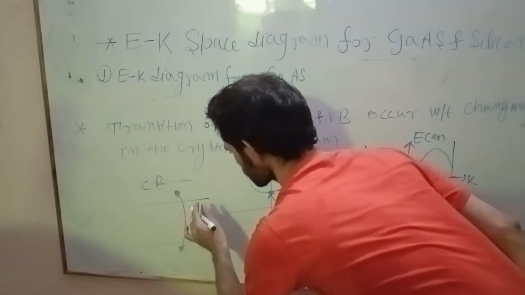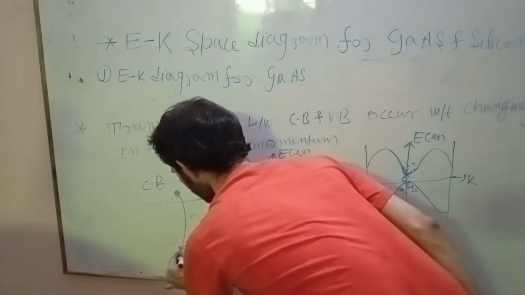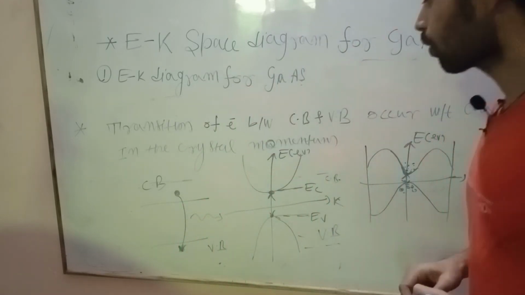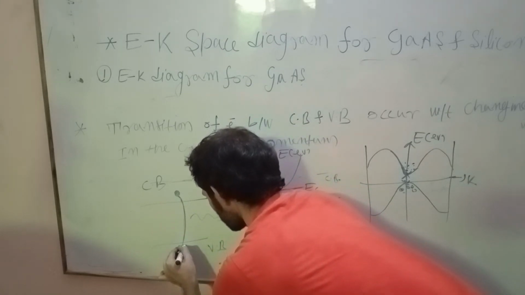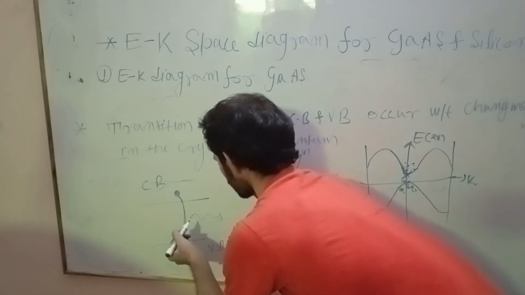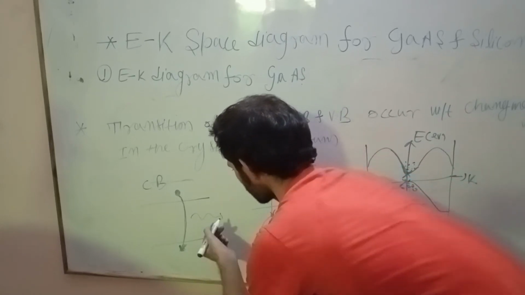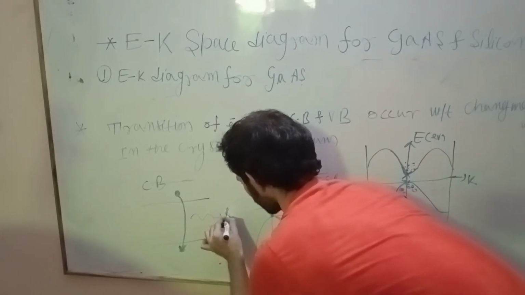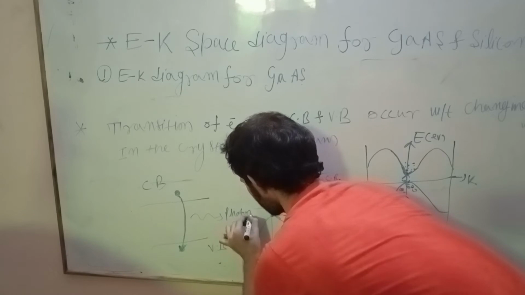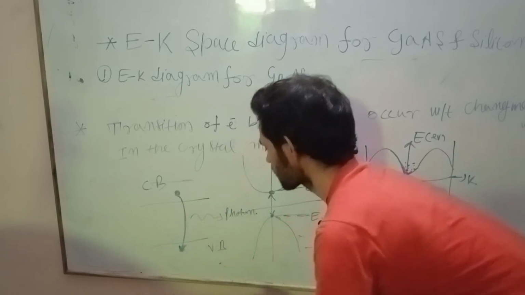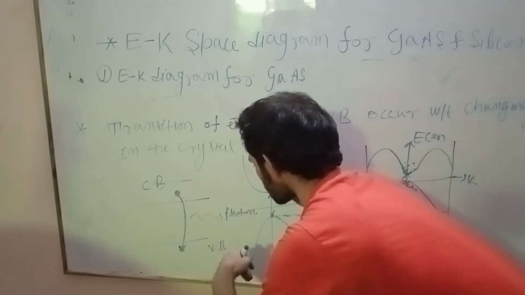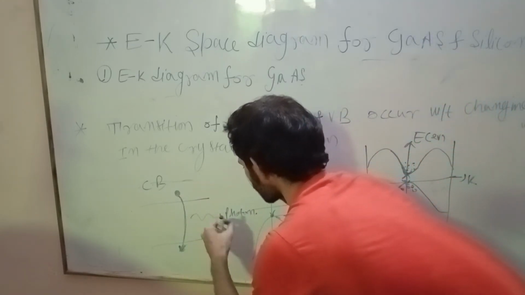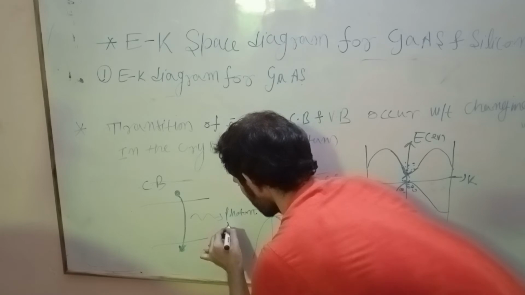Energy conserved means during the recombination of electrons and holes, the energy will not get dissipated. Energy will come out in the form of a photon. Energy is not consumed, but conserved in the form of a photon, which is hν.